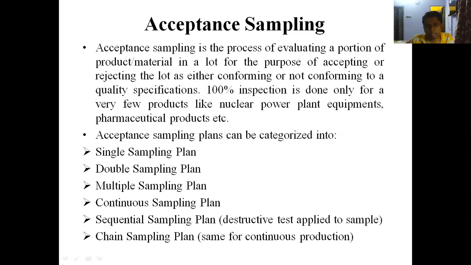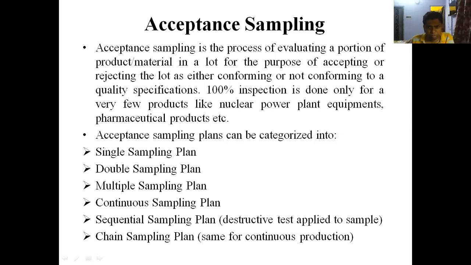Keep in mind that in some cases 100% inspection is also done, for example for power plant equipment or pharmaceutical products, because if there is a defective, the result could be very dangerous. For example, with pharmaceutical products, if the medicine is not appropriate, the result could be severe.